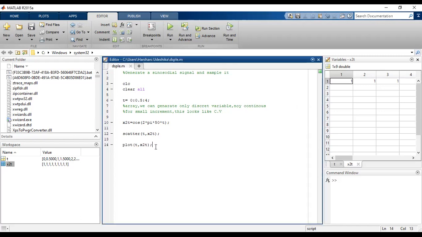The problem is, the frequency is 50. That means what is the time for one cycle?